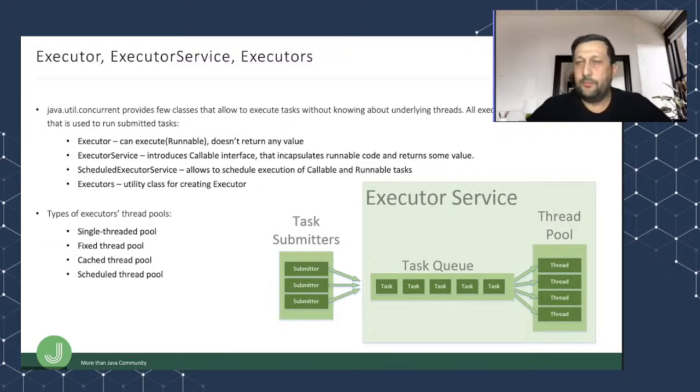What is a thread pool? As you can see from the diagram on the slide: thread pool, task queue, task submitters. To understand this diagram, we need to find out what Executor, Executors, and so on are. An Executor is an object that executes your Runnable object, your thread.